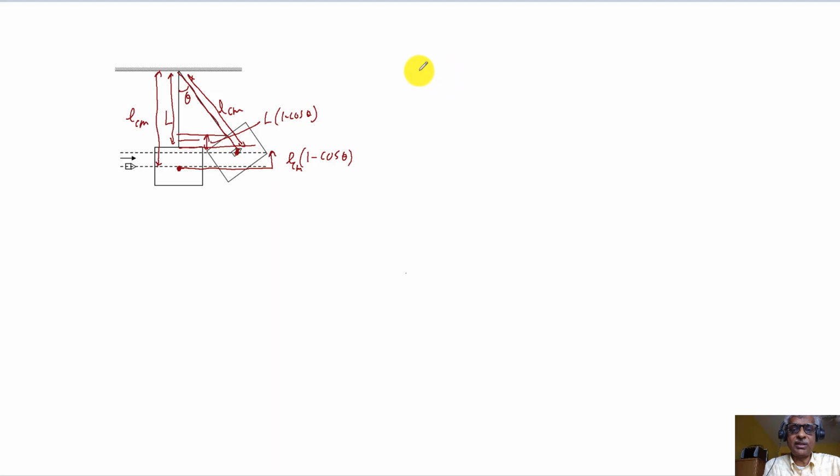So when I wrote down conservation of energy, this was at t equals 0 minus, and at this point was V_A, at t equals 0 plus.